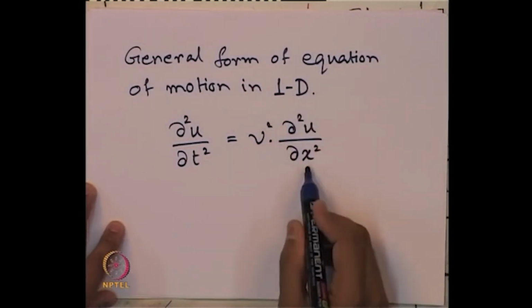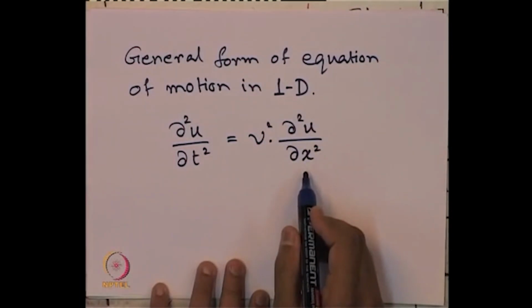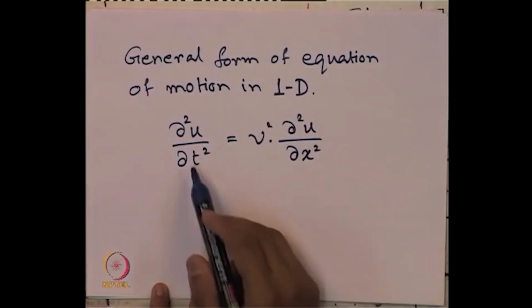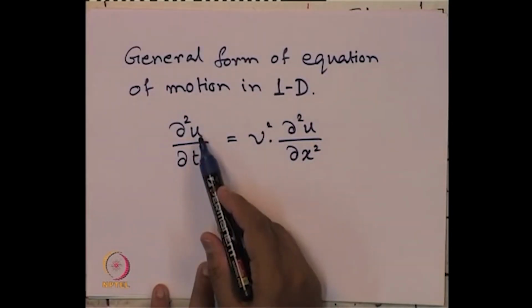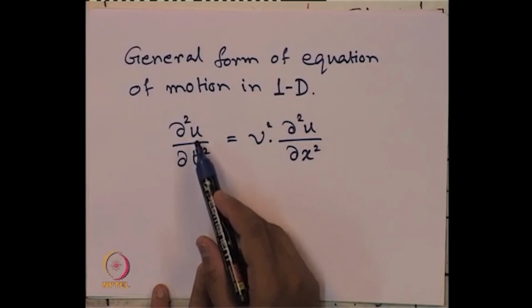Here the one dimension is the x dimension we have taken, and u can be the displacement in the x direction for the case of the longitudinal wave, and it can be theta in the case of the torsional wave.